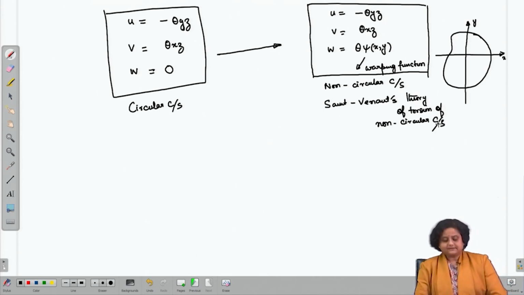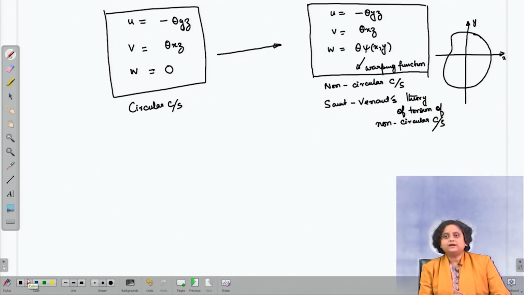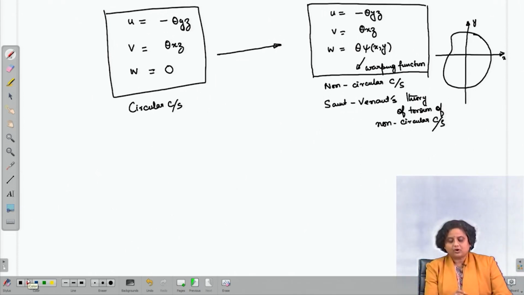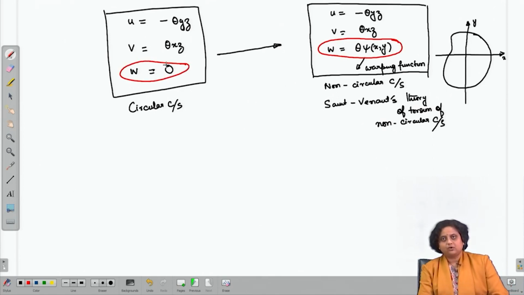Okay. So, let us now see what is the difference. The essential difference between the cross section of a circular shaft and the cross section of a non-circular shaft is this w. For a circular shaft, w is equal to 0, but for a non-circular shaft, w is equal to theta into psi x y. So, this is the out of plane warping.